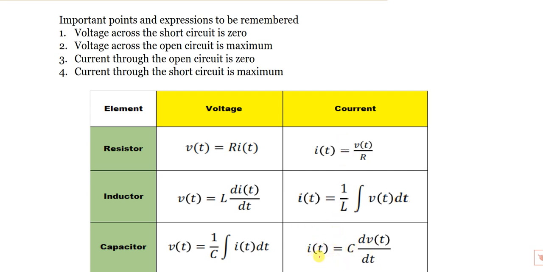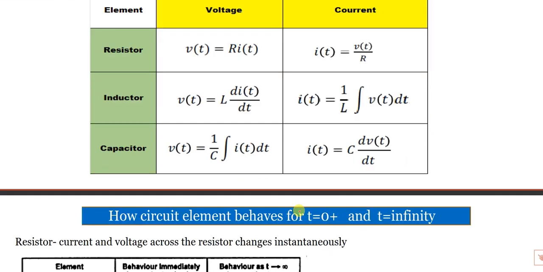Similarly, for a capacitor, voltage is 1 by C integral of I of t dt, and for an inductor, IL of t is equal to 1 by L integral of V of t dt. So you have to remember these important formulas.